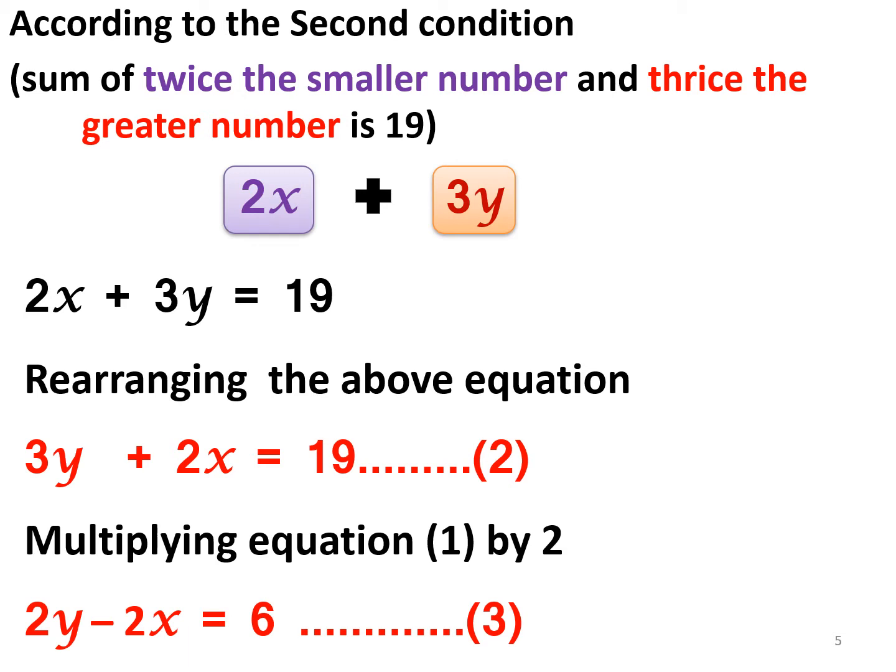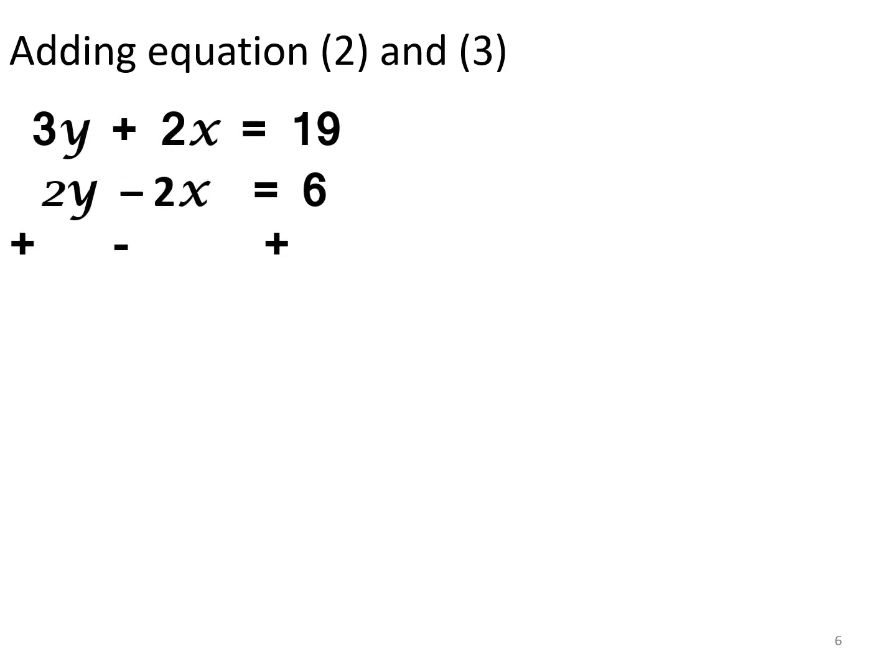Now I will solve equation second and third. So I'll be doing addition. Adding equation 2 and 3: 3y plus 2x is equal to 19, plus 2y minus 2x is equal to 6.